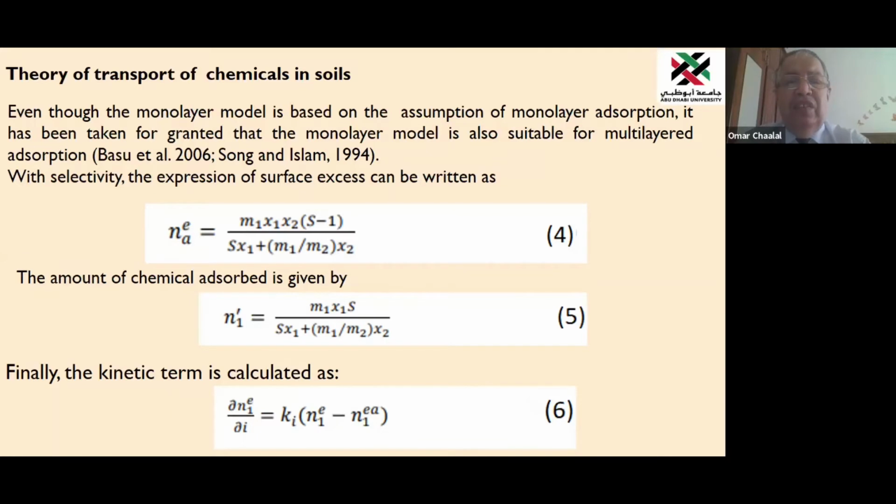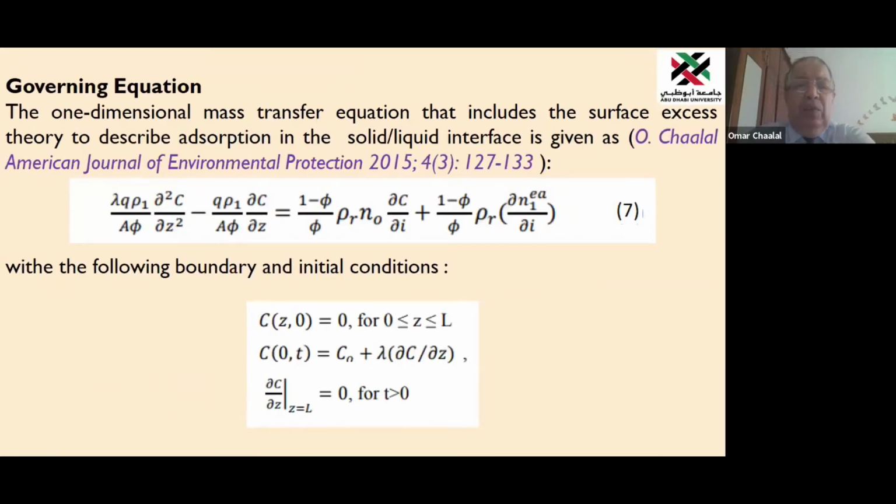It's given in detail. And this is the governing equation, which is a very complex equation, and we have to solve it using some computing or programming.